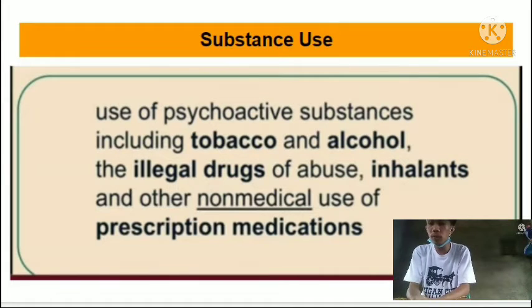Now I'm going to show you a model which is called risk factors. But before that, I want you to realize that risk factors are factors that increase your susceptibility or vulnerability to drug use.